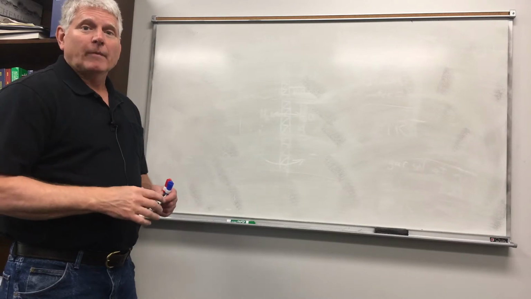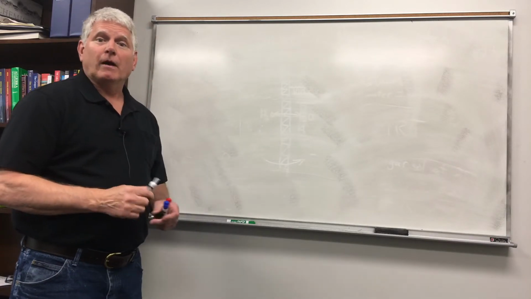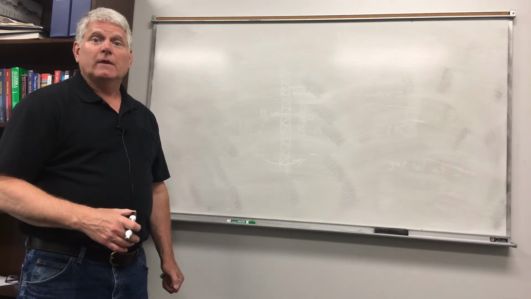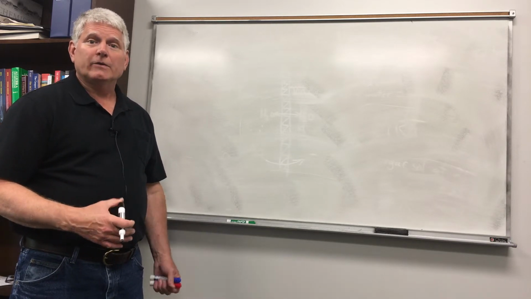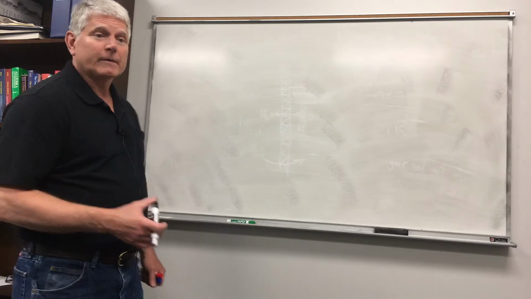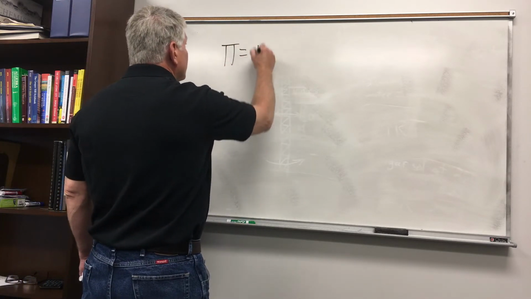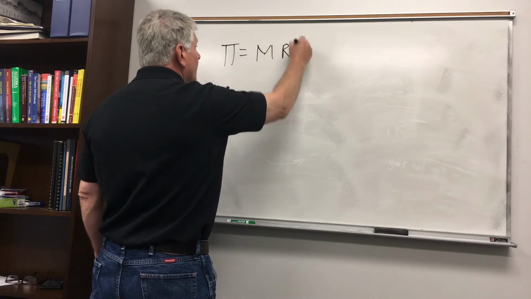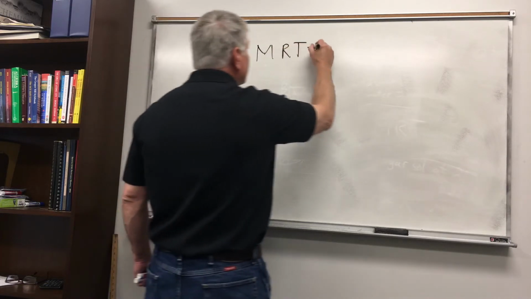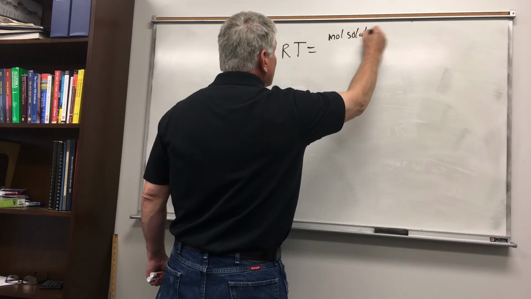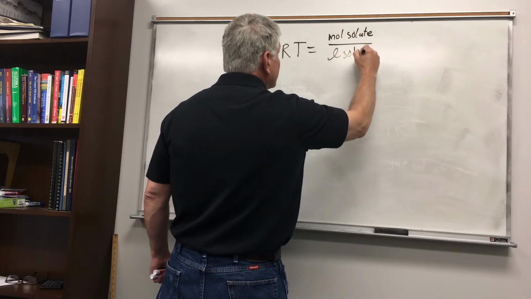So since the osmotic pressure has such a large response to a small concentration, one thing that's useful is to be able to measure molecular weight using osmotic pressure. So if we have our osmotic pressure equation, M is the molarity, so this is the moles of the solute divided by liters of the solution.